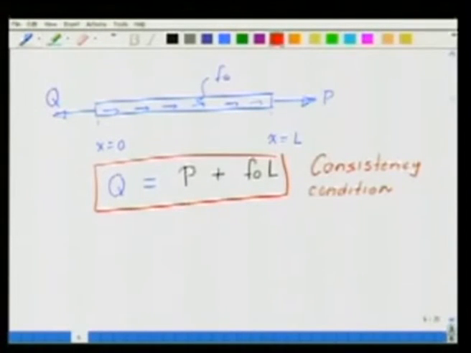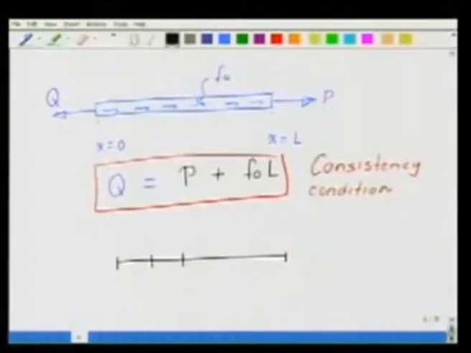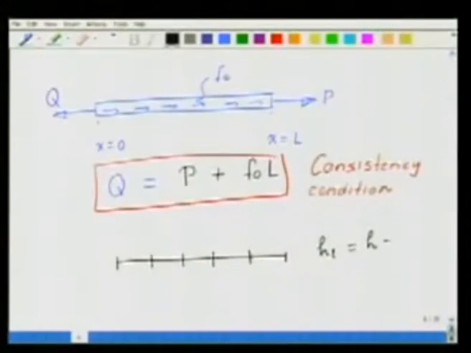Okay, now for this problem, what do we do? Remember that for this problem, we have already formed the stiffness matrix for the mesh of 5 elements. So let us keep that mesh of 5 elements, such that again here my mesh size H is equal to H, which is L by 5.